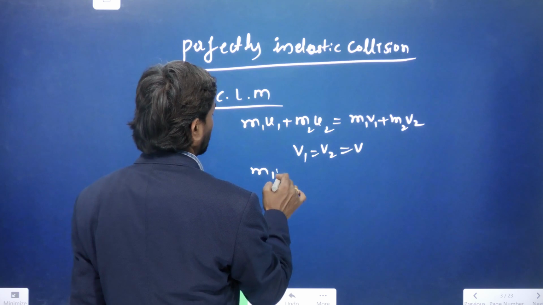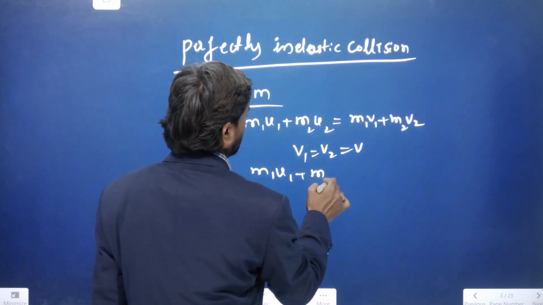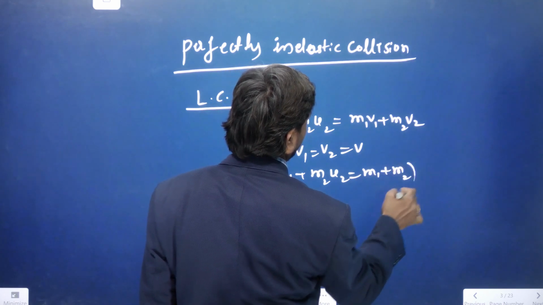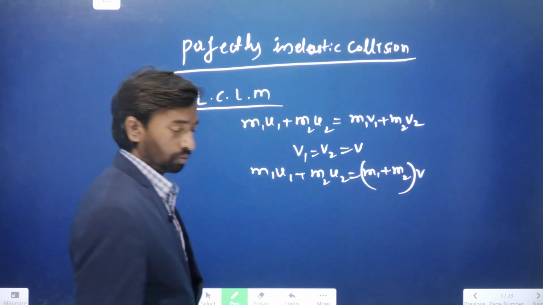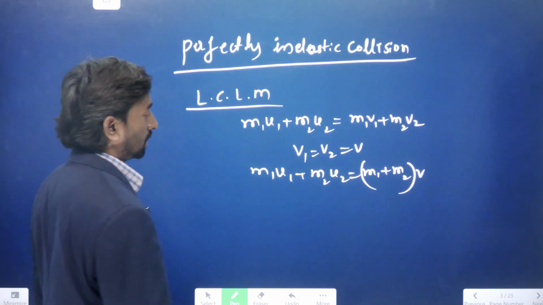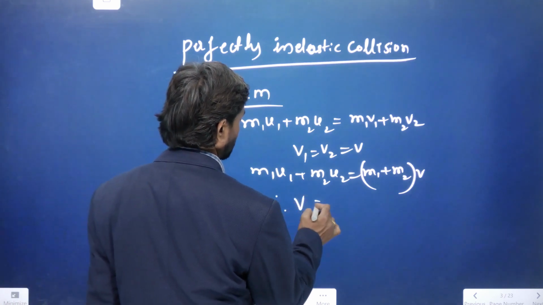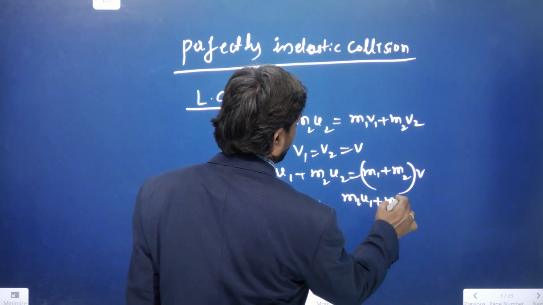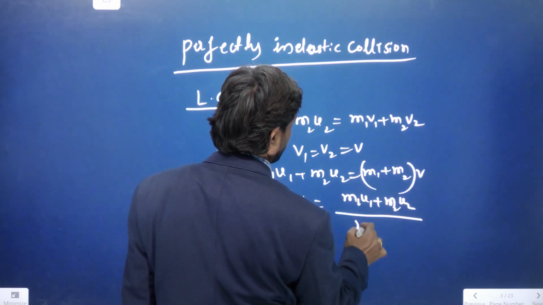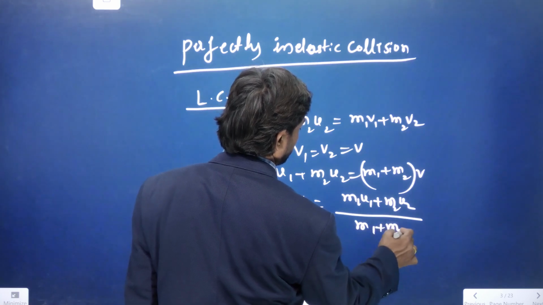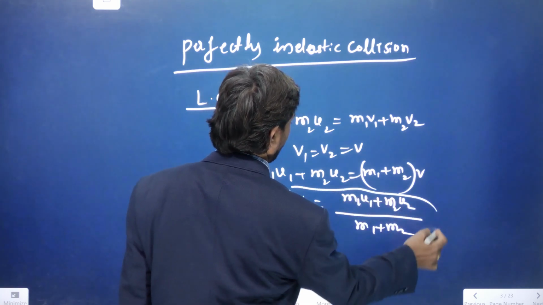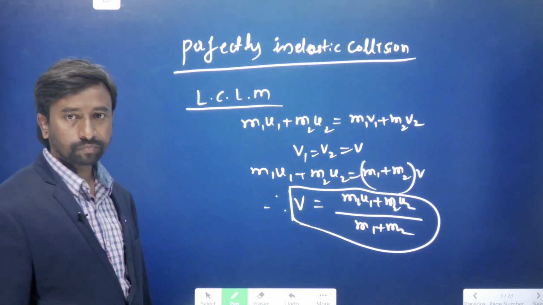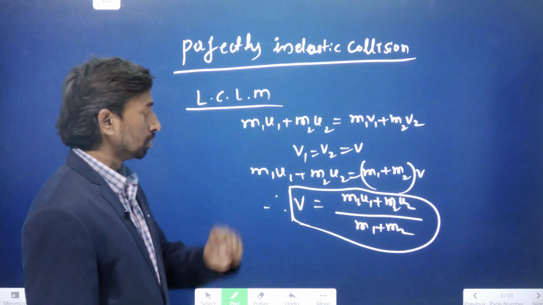Then m1 u1 plus m2 u2 equals m1 plus m2 into v. So v equals m1 u1 plus m2 u2 divided by m1 plus m2. This is the common velocity.